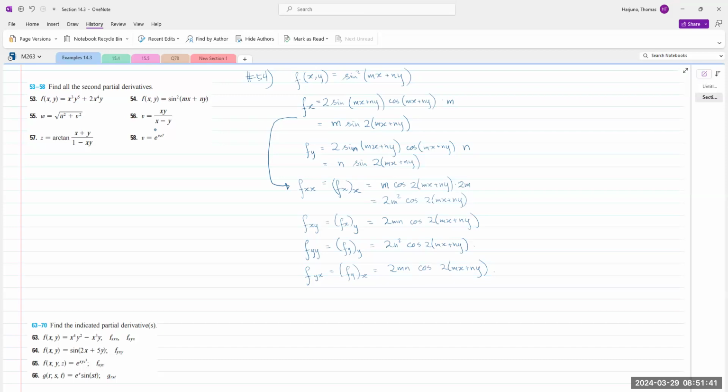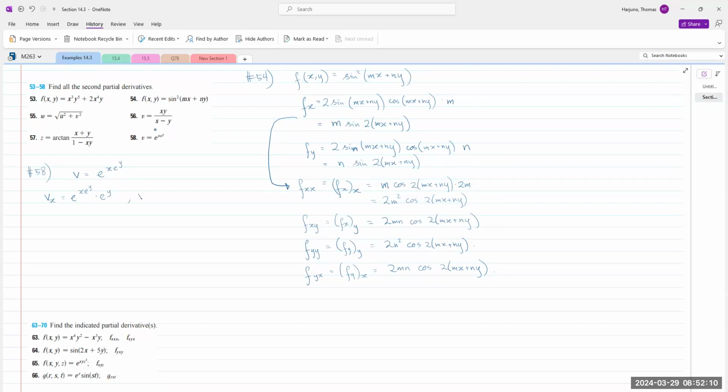Let's see next, number 58. V equals e to the x e to the y. Oh wow, somebody just wants to make me work hard. So phi sub x will be e to the x e to the y times the derivative of that exponent with respect to x, so e to the y.